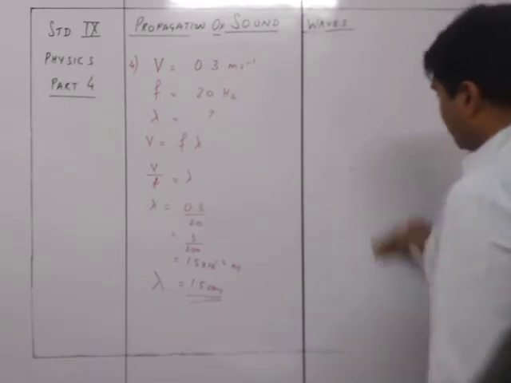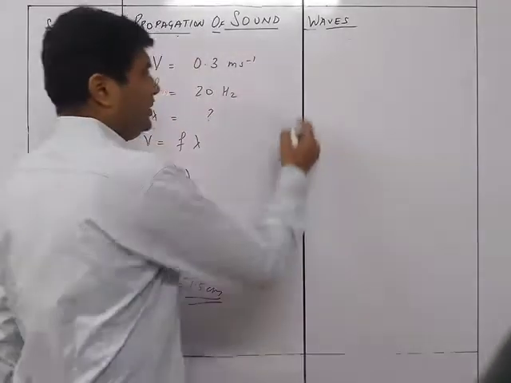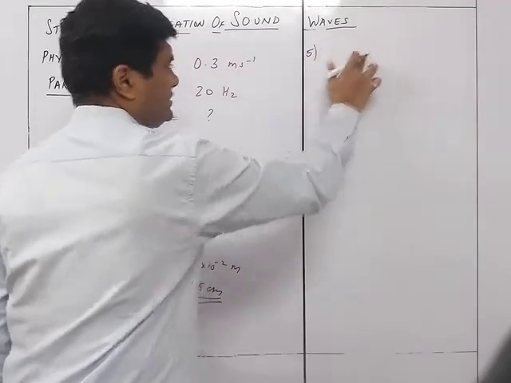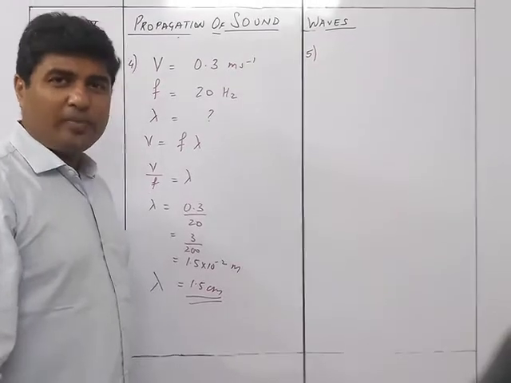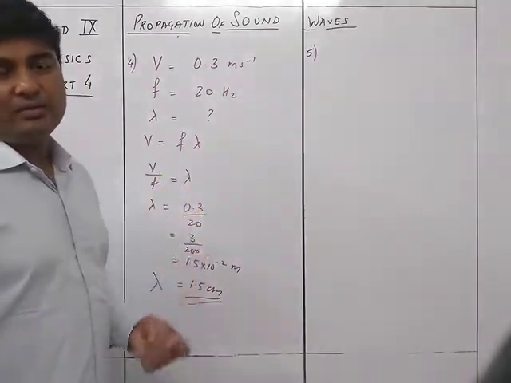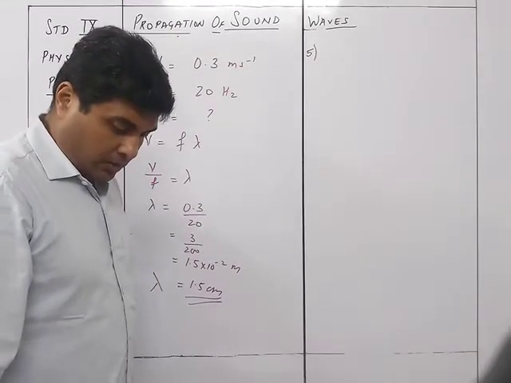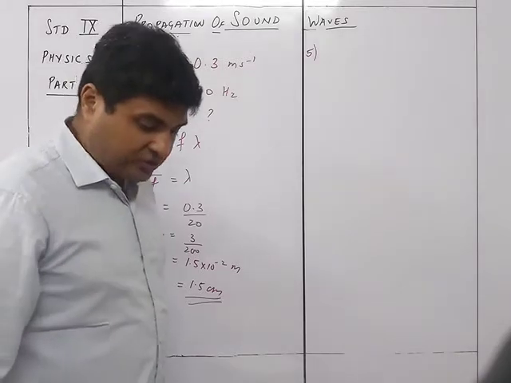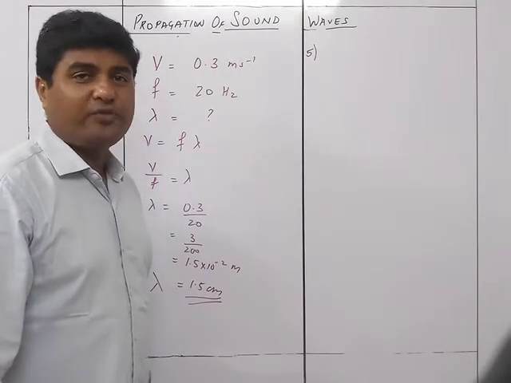We now move on to sum number 5. You can see they are very, very easy sums. So nothing to worry about. Just one single formula, two formulas in fact: V is equal to f lambda and V is equal to D upon T. Fifth sum. A source of wave produces 40 crests and 40 troughs in 0.4 seconds.